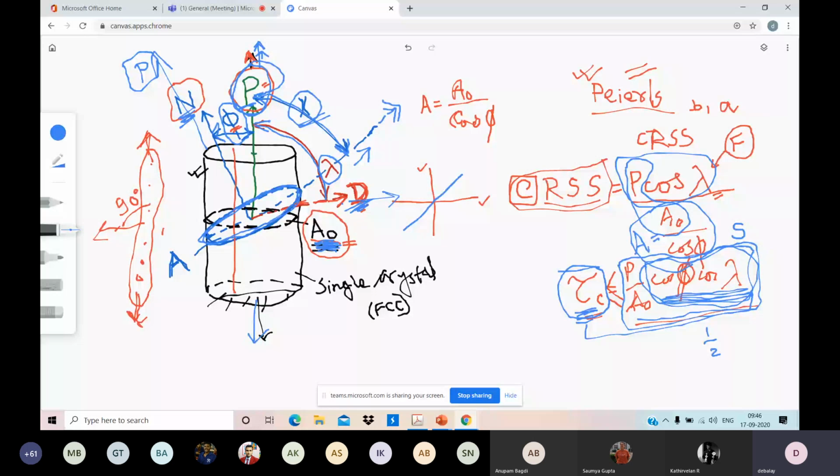One is something like this, one is something like this, one is something like this, and you don't think that these fall in the same vertical plane. Need not be. That's why I have shown this direction in blue color, because phi plus xi equal to 90 degree. Don't think phi and lambda equal to 90 degree. Phi plus xi makes 90 degree.